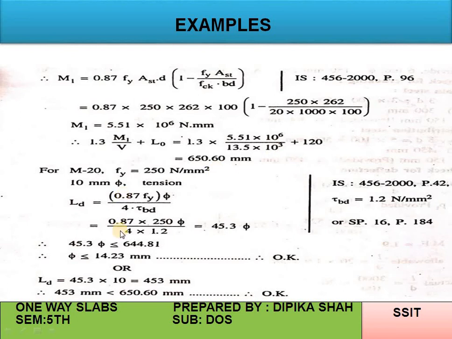From this equation we have found the value of Ld is 650.60 mm, right? Our provided value is 453 mm, which is less than this value, that's why our criteria for the Ld is okay.